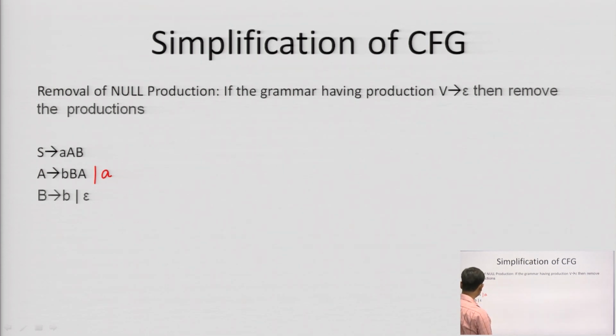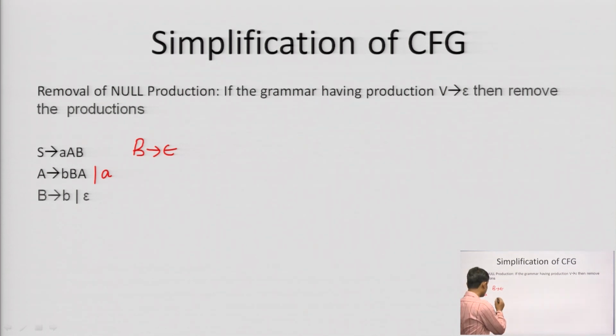We have to remove the epsilon production. You can check there is a production B to epsilon. B to epsilon is the epsilon production, or null production, and we have to remove it.